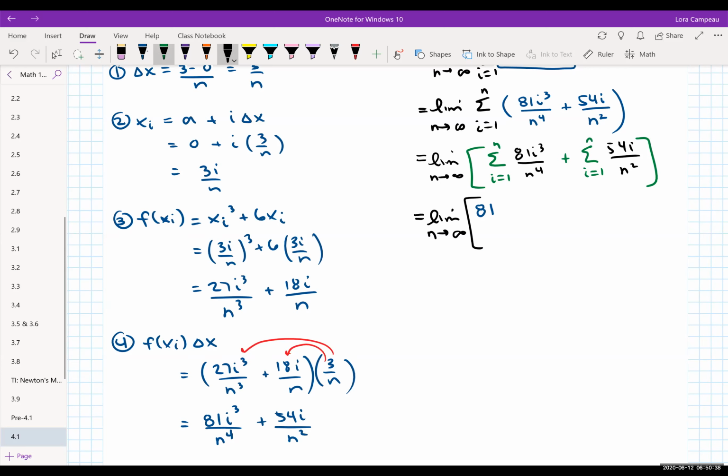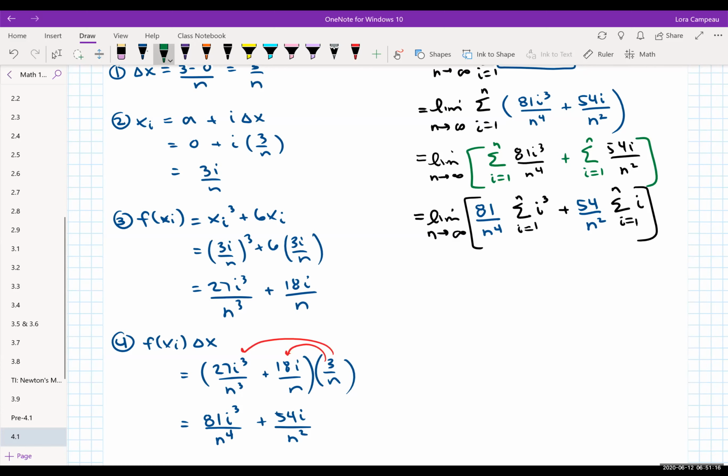I can pull out an 81 over n to the 4th, but I still have the summation from i equals 1 to n of i cubed. That's still stuck there. Still have the plus. I can pull out a 54 over n squared, but I still have the summation from i equals 1 to n of i.